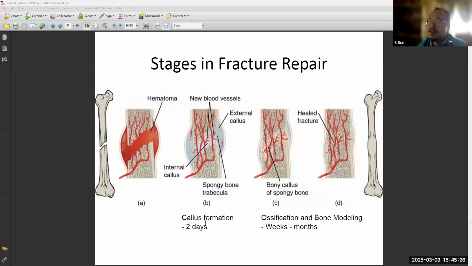After a fracture, you tear apart the blood vessels, so a lot of blood comes out. Here you see the periosteum, like a membrane. You have the blood coming out, but eventually it's going to clot, it's going to seal.